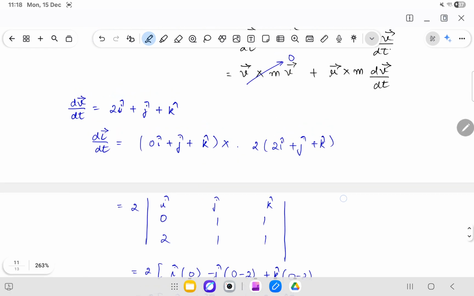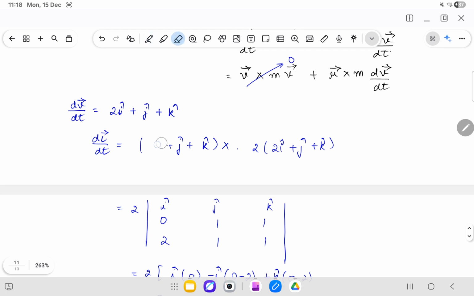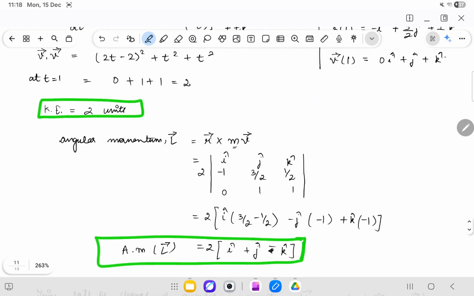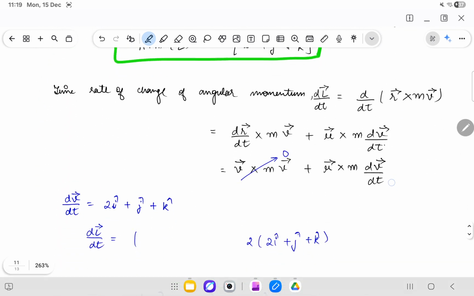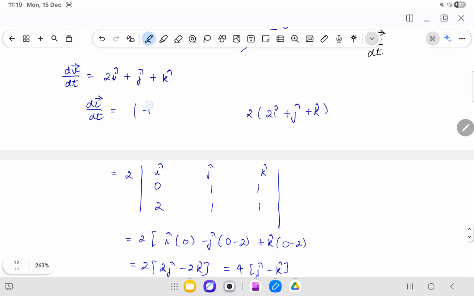I guess I have mistakenly used the value of v. So the r vector at t equals 1 is minus i cap plus 3 by 2 j cap plus 1 by 2 k cap.